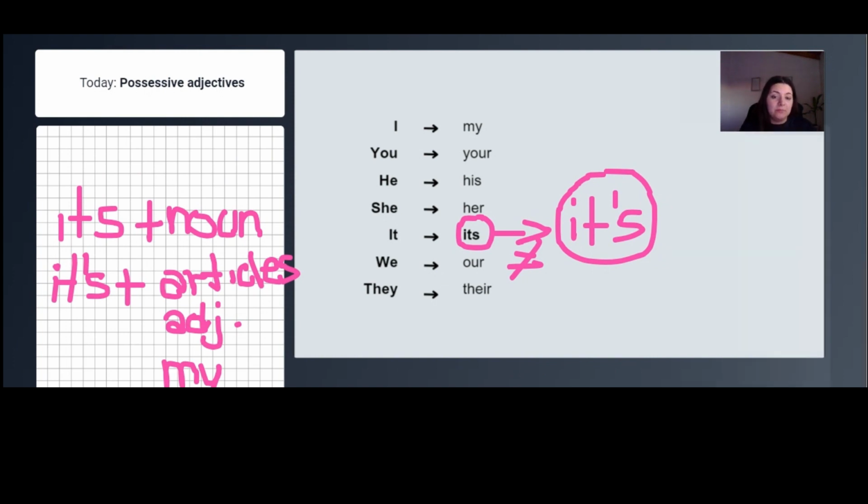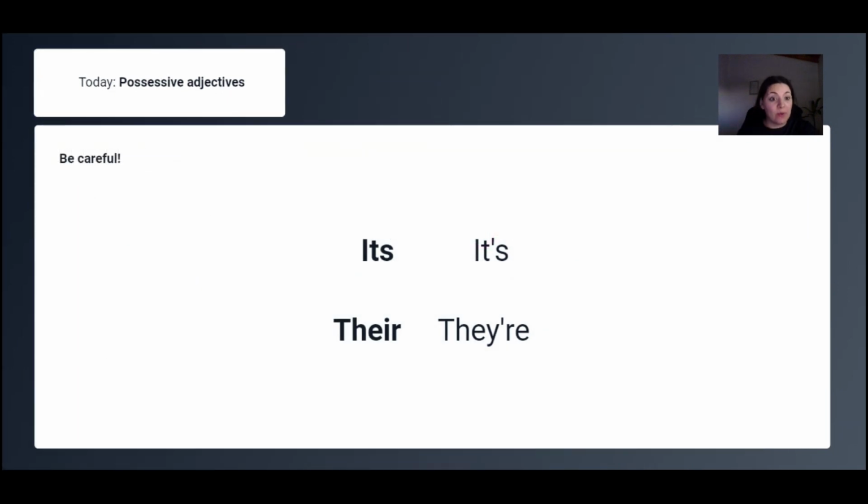That is possible. Now, let's see another aspect that you need to be careful with. Okay, so be careful. We said before that its and it's are different. Yeah, these are different. This is a possessive adjective and this is a contraction. The contraction between it plus is.